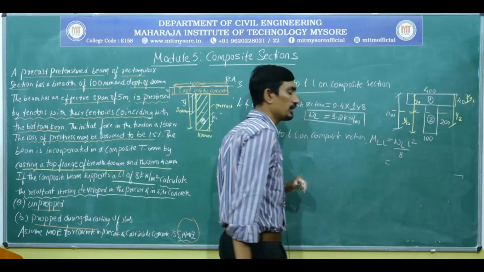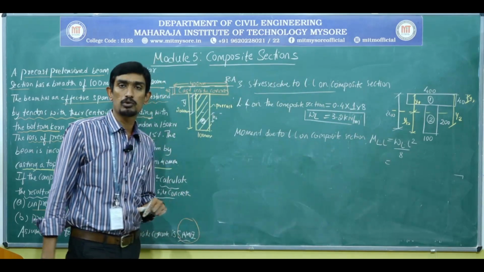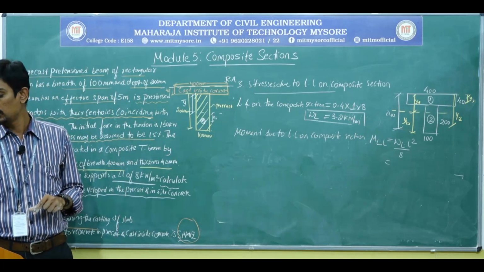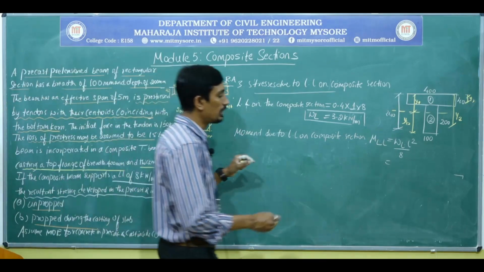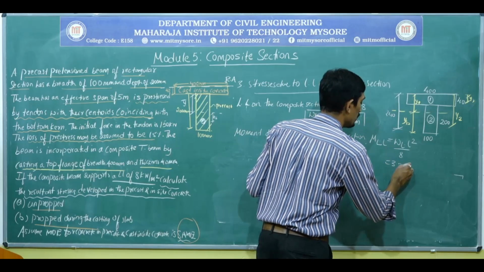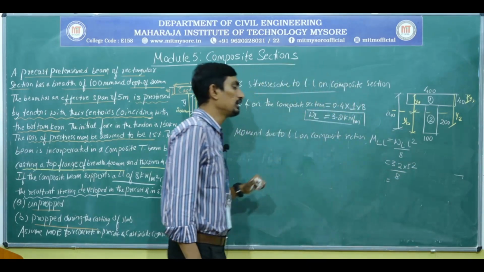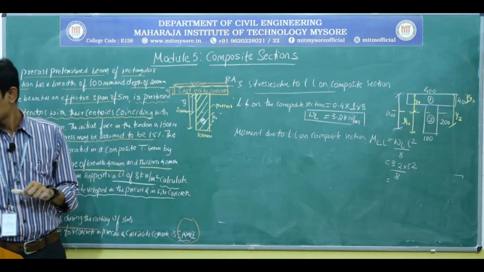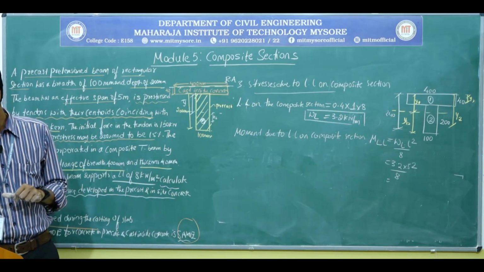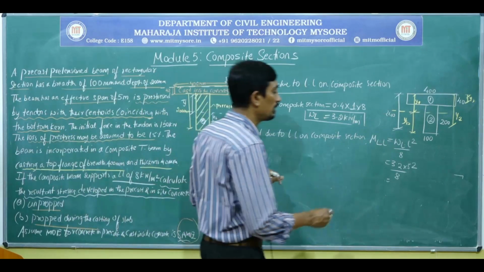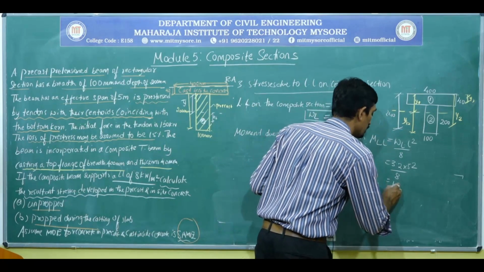Since it has not been mentioned, I am going to calculate at mid span, hence WL into L square by 8. Now substitute that: 3.2 into 5 square divided by 8. The answer will be in kilonewton meter. So the answer will be 10 kilonewton meter.